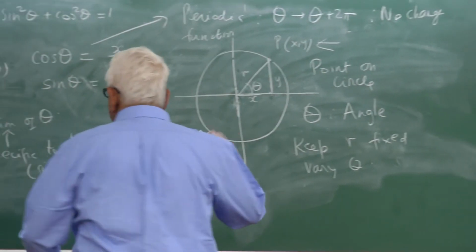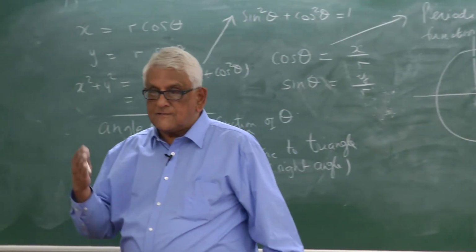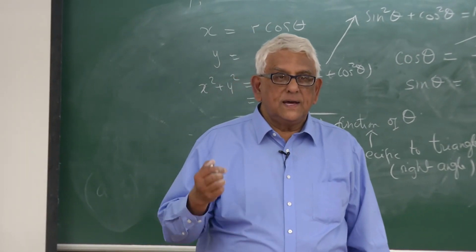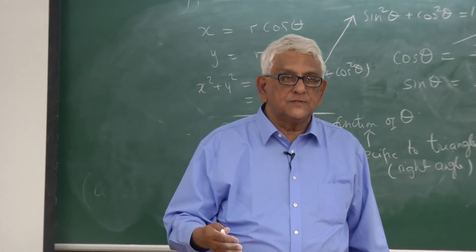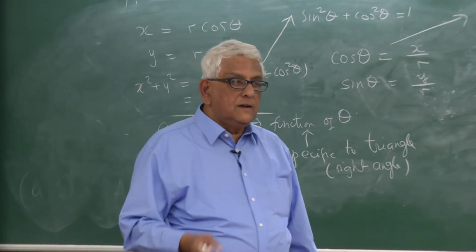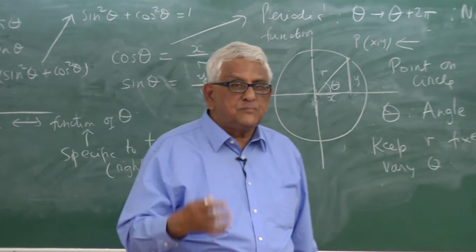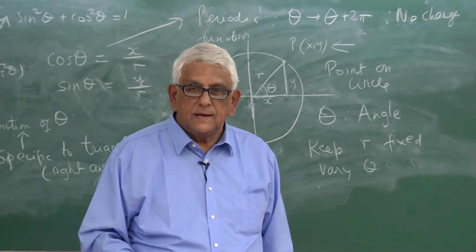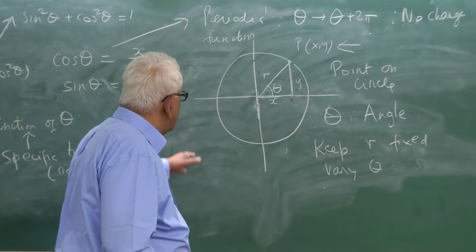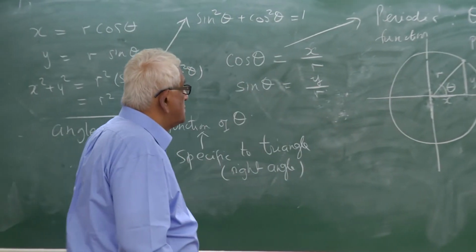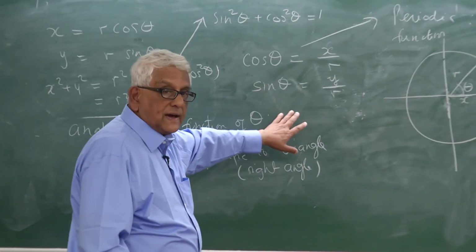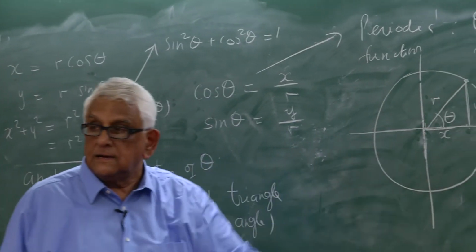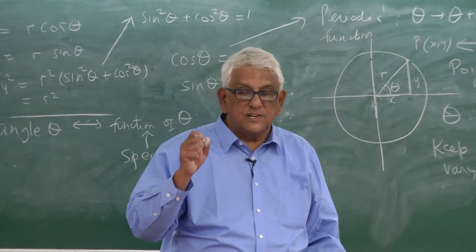So what we have then is this notion of a function, a notion of a variable, and we know that these functions are constructed to capture the properties of the system in which we are interested. And in trigonometry, the functions introduced capture the property of a triangle and capture the fact that in a right-angled triangle, Pythagoras' theorem is valid.